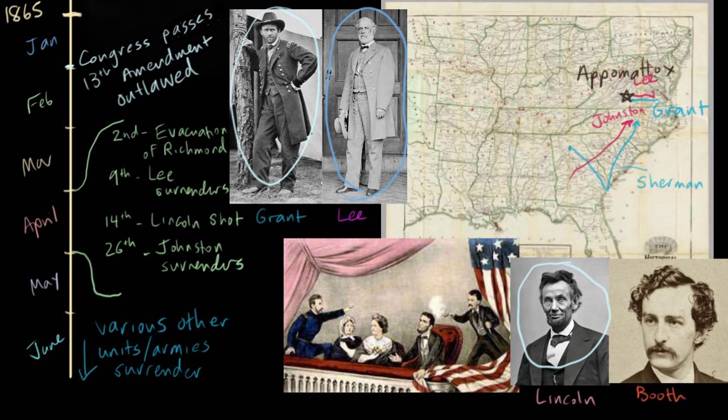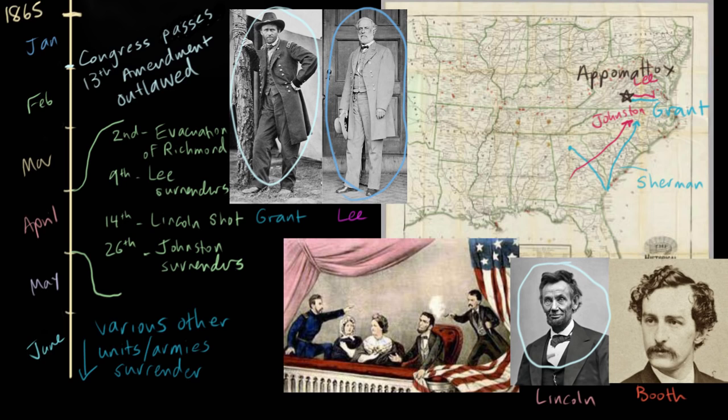Everyone is very happy. Finally, this 4-year-long war where 620,000 Americans have died is over, and Abraham Lincoln goes and gives a speech talking about what Reconstruction is going to be like.